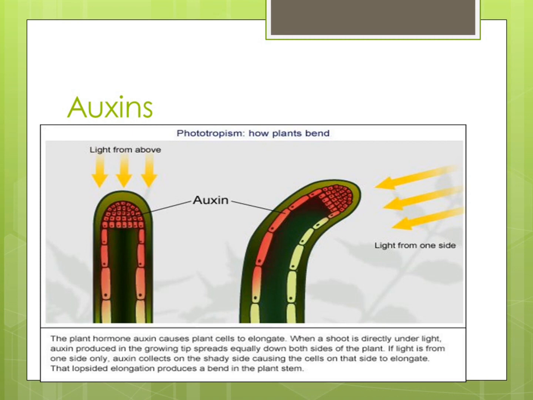So the plant will grow straight. And if the light is from one side only, auxin collects on the shady side, causing the cells on that side to elongate. That lopsided elongation produces a bend in the plant stem.